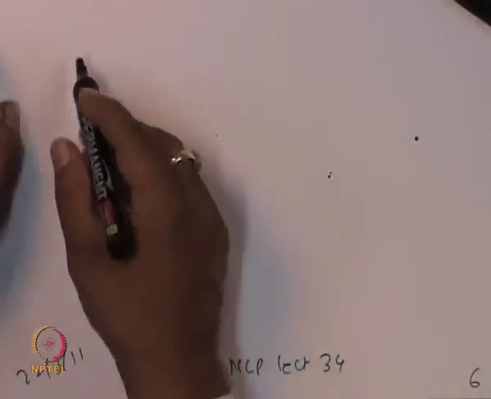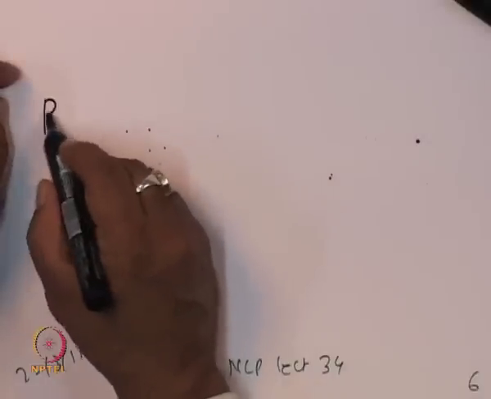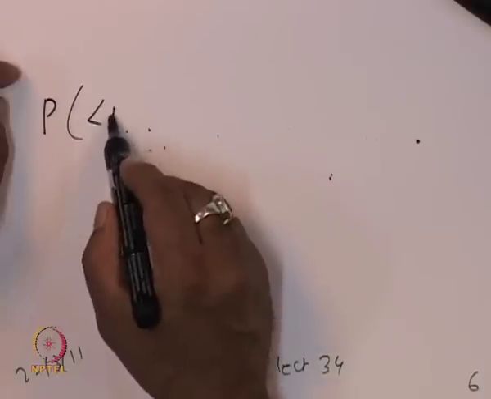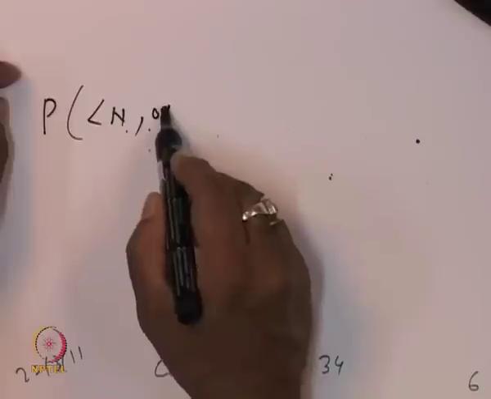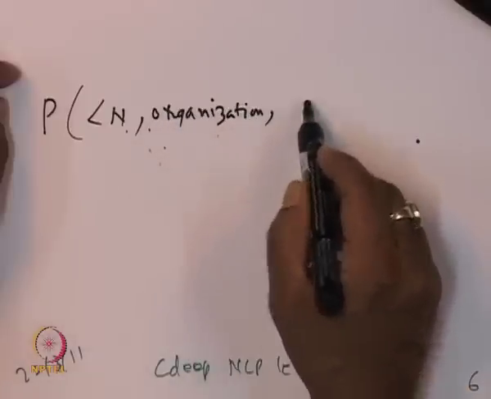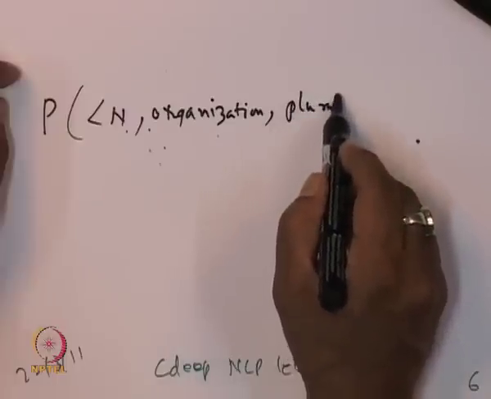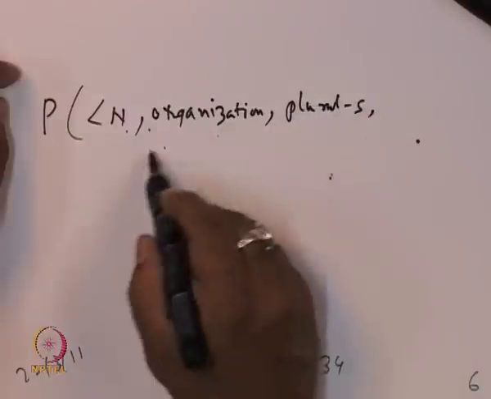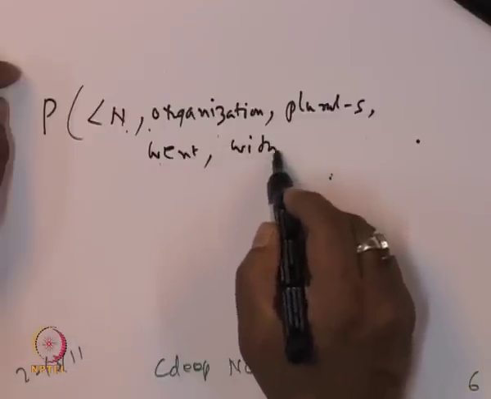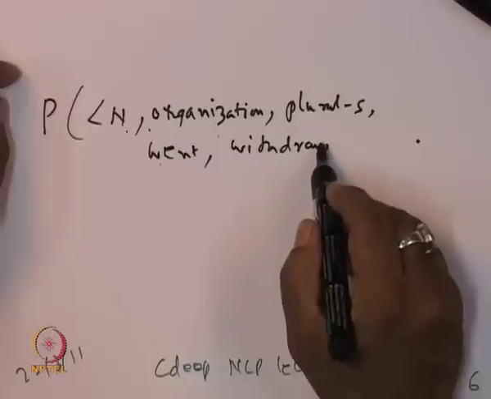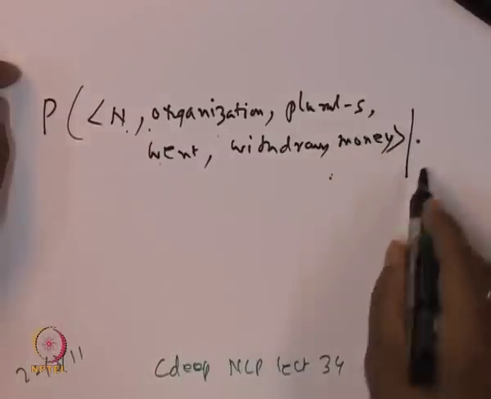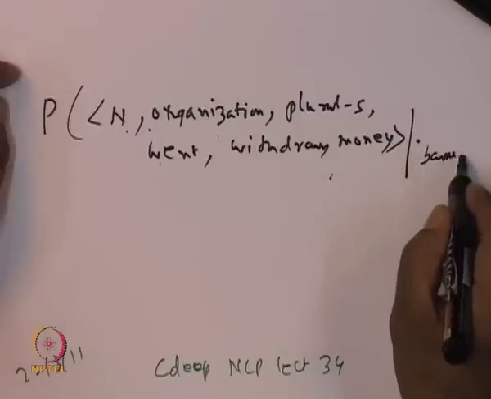That will be written as probability of noun, organization, plural S, went, withdraw, money given the word bank.